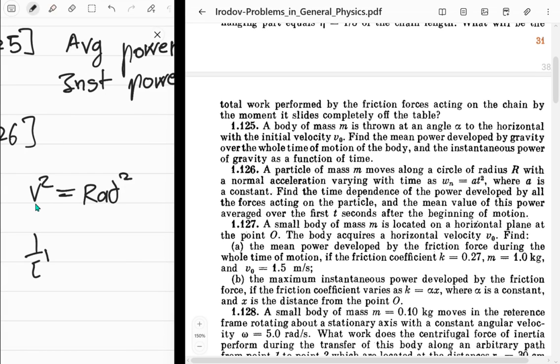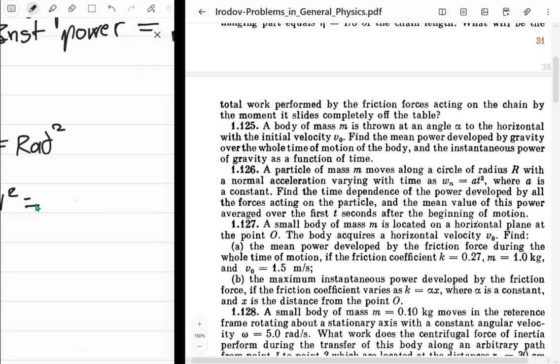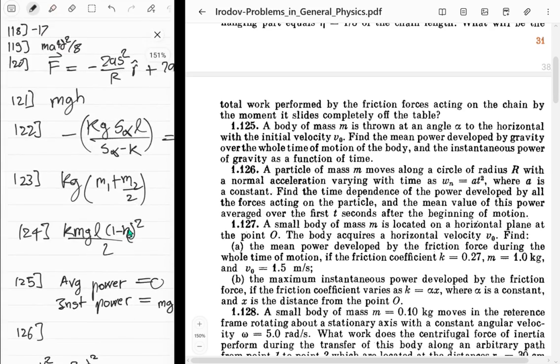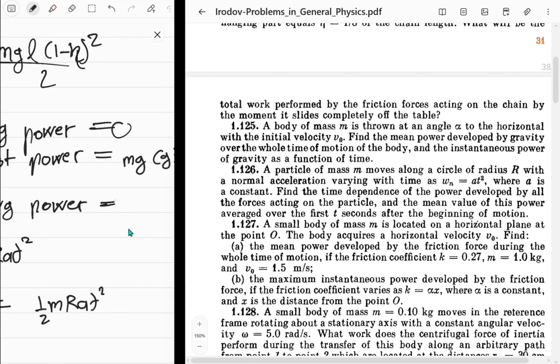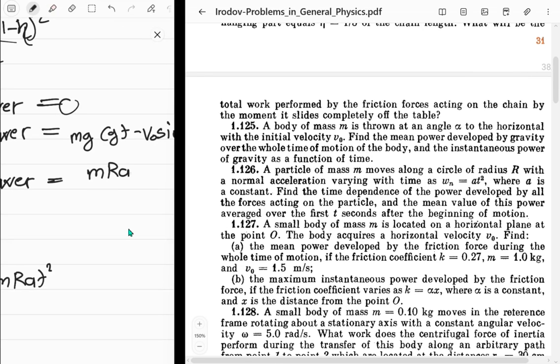So half mv squared, the kinetic energy, is basically just half m r a t squared. Initially it's 0, because at t equal to 0 the normal acceleration was 0, and that means v was 0 as expected. So the average over the first t seconds is just the kinetic energy gained upon t. So average power is equal to mrat upon 2. Huh, I like it.